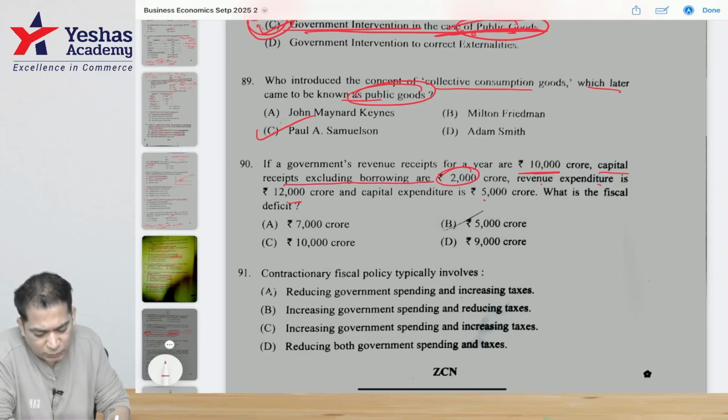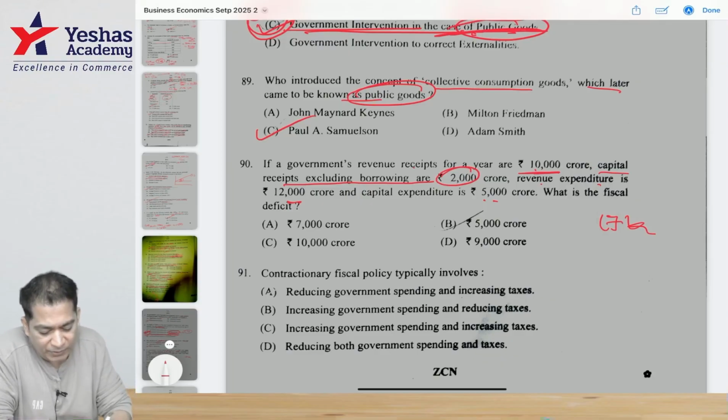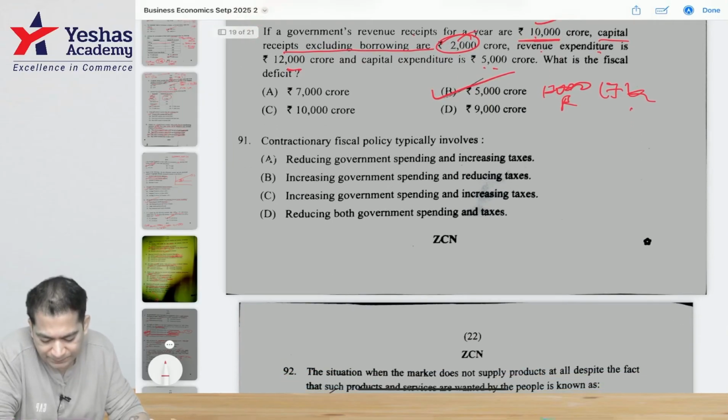Capital expenditure is 5,000, so total expenditure is 12 plus 5, which is 17K. And total receipts without any capital receipt which requires borrowing will be non-debt capital receipt. You can say 10,000 plus 2,000 is 12,000. So 12,000 is your receipt side and expense is 17,000. So 5,000 crore is the fiscal deficit that will be required for borrowing.